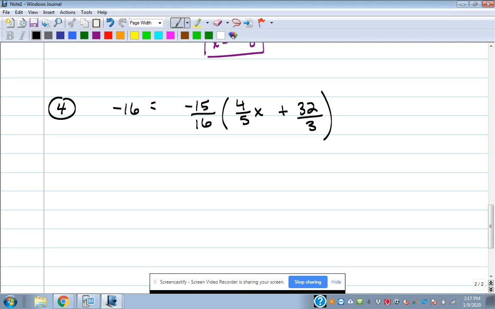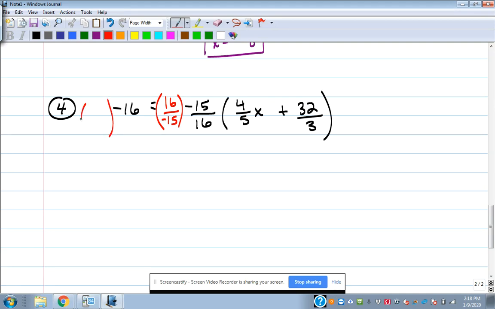So instead, could I get rid of the negative 15 over 16 that's in front of the parentheses? I can't add it, because it's multiplying on the other side, so the opposite would be dividing. Dividing by a fraction is the same thing as multiplying by its reciprocal.